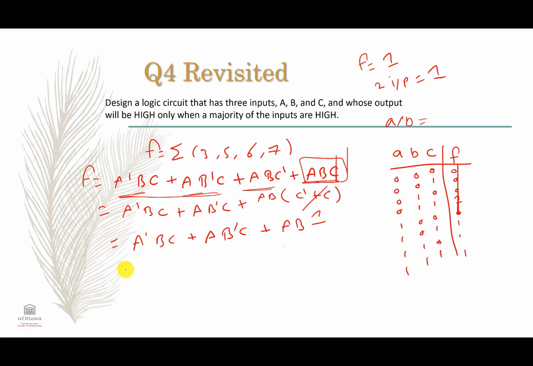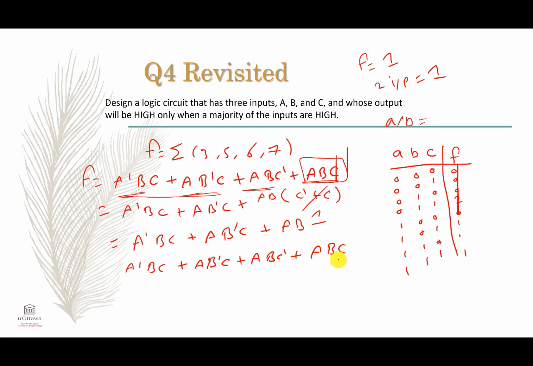So we got a prime bc plus a b prime c plus a b c prime plus a b c.